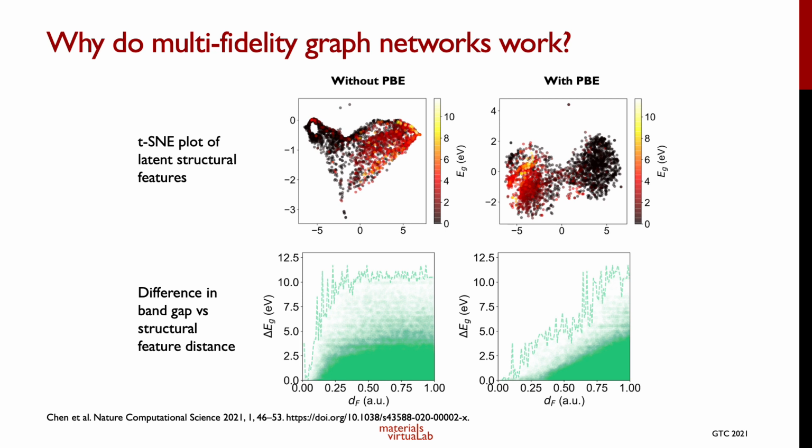We see that essentially without the large data, we do not have a very good separation of latent structural features between very high band gap and low band gap materials, while if we incorporate the large PBE data, we get a much better separation of latent structural features. In other words, the large PBE data, even though it is inaccurate, significantly improves the latent structural representations, which then leads to better performance on the smaller data set.